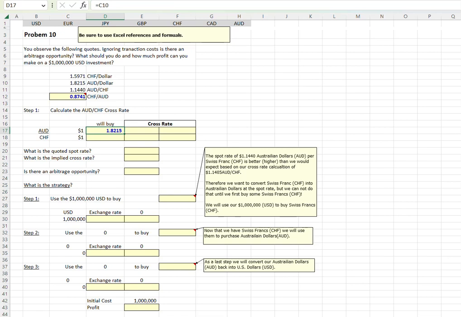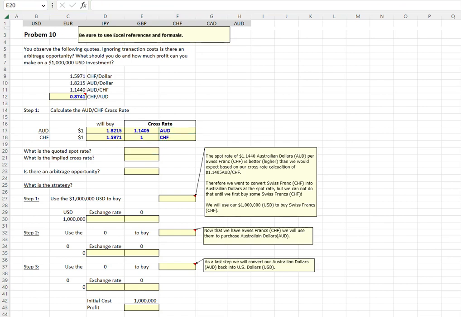We could also purchase with $1 1.5971 Swiss francs. That means that the implied cross rate between them is 1.1405, and of course that would be Australian dollars per Swiss franc.